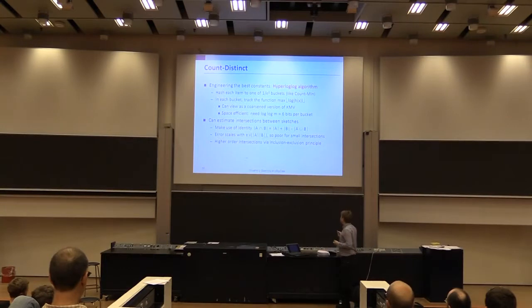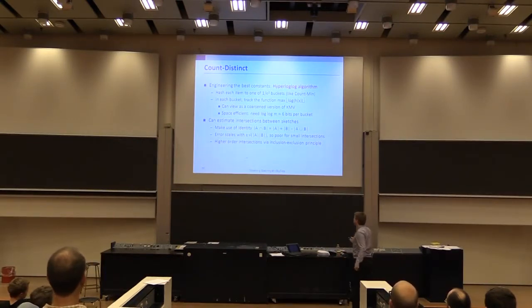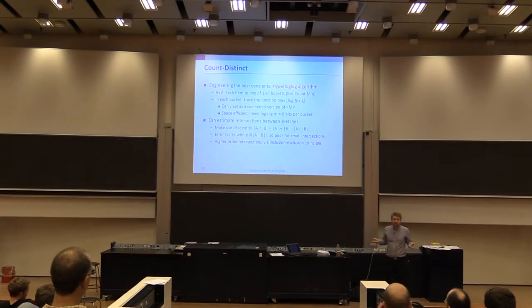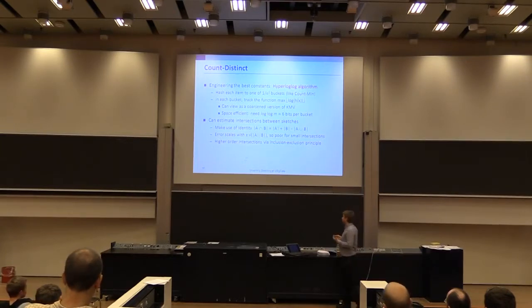It's not going to be perfect. Things like intersections are fundamentally hard to do in small amounts of space. But what you can do is get some error that scales, in this case I think, with the square root of the product of the set sizes. So when the intersection is very small, unsurprisingly, you're unlikely to be able to accurately determine its size. If it's moderately large, then you'll be able to do okay.